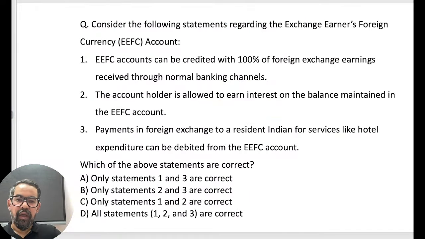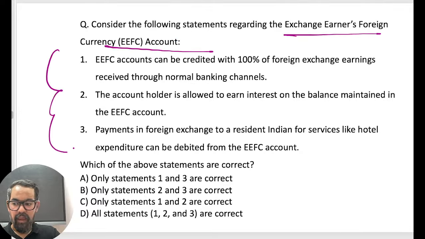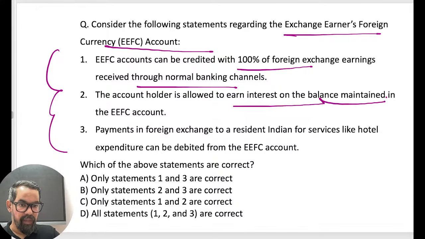Next one, guys. Consider the following statement regarding the exchange earner foreign currency account. The exchange earner foreign currency account can be credited 100% of foreign exchange earnings received through the normal banking channel. The account holder is allowed to earn interest on the balance maintained.